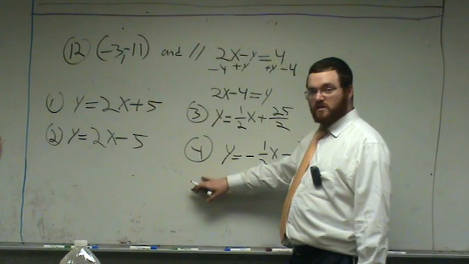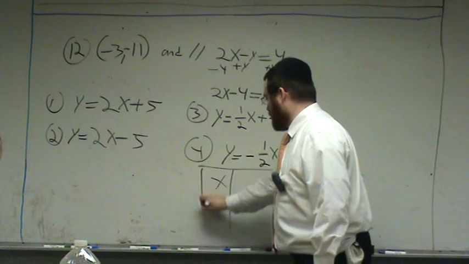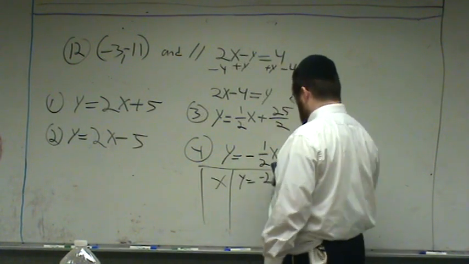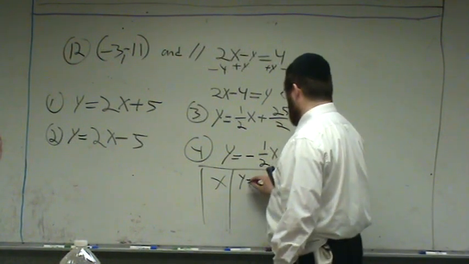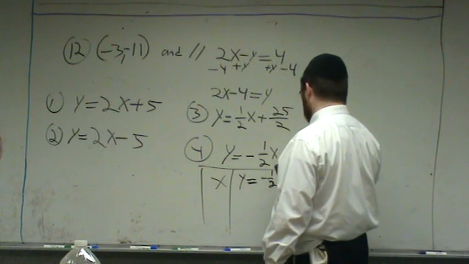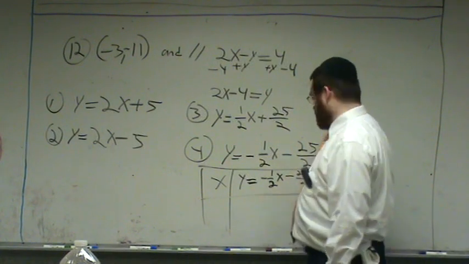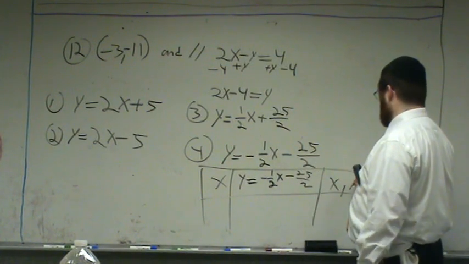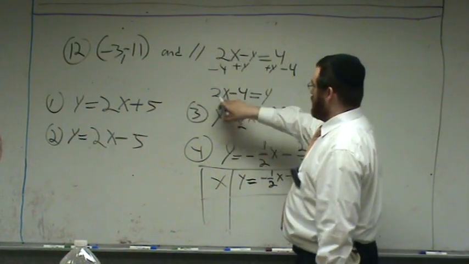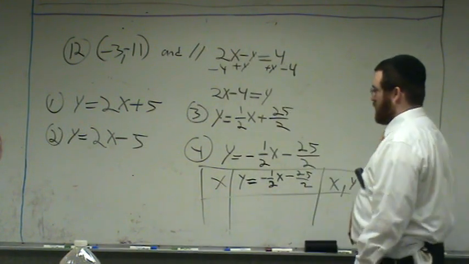If you make a graph of y equals negative a half times x minus 25 over 2, you would see that you have a line that's perpendicular to the line 2x minus y equals 4.